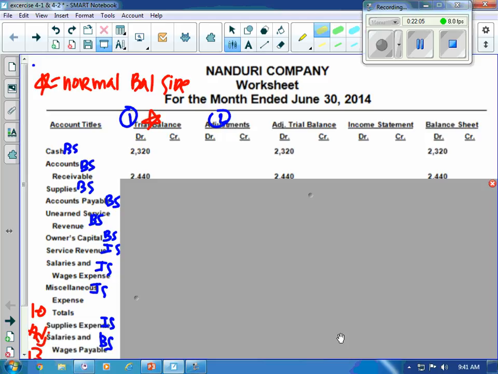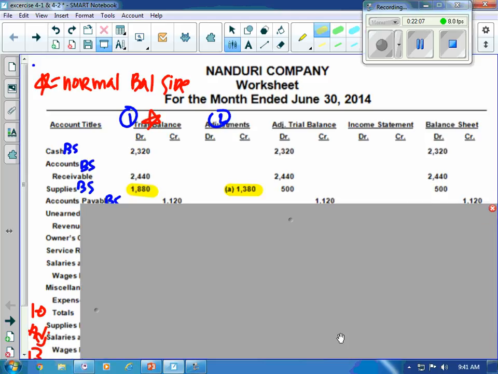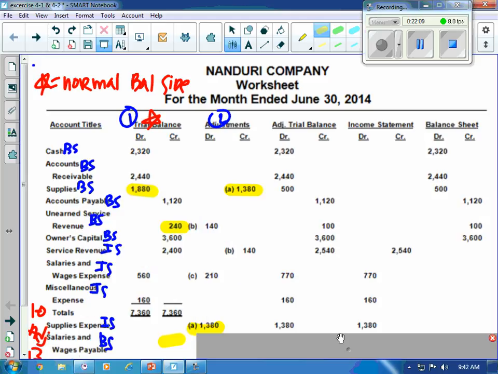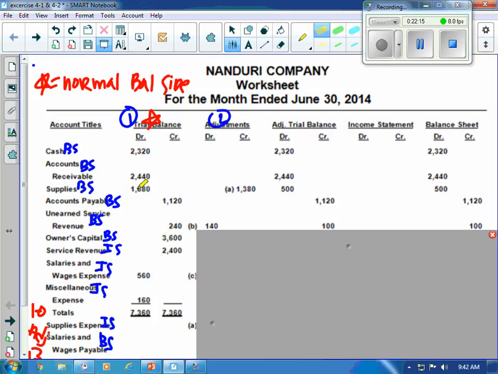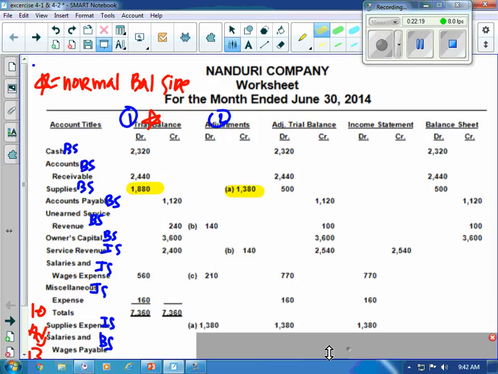I'm going to back out a minute. I should have done this the first time. And it's okay if you highlighted like you did. I'm going to highlight all the supplies in one color. Then I'm going to switch pen colors and do the unearned service revenue in a different pen color.